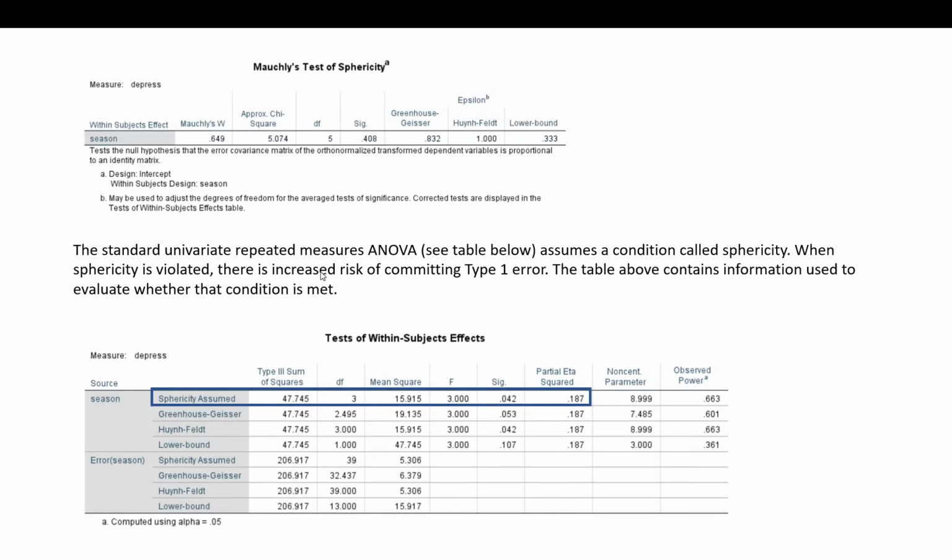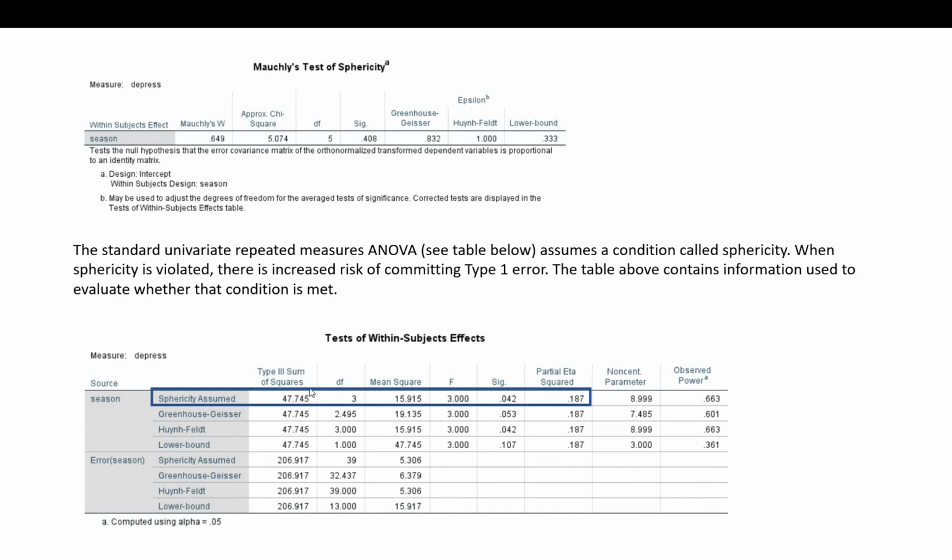Now, as I noted before, the standard univariate repeated measures ANOVA that you see highlighted under the tests of within subjects effects does assume a condition that's called sphericity. And so when sphericity is violated, there's an increased risk of committing a type 1 error. That is, that you infer that there are differences in the repeated measurement over time when there are no differences.